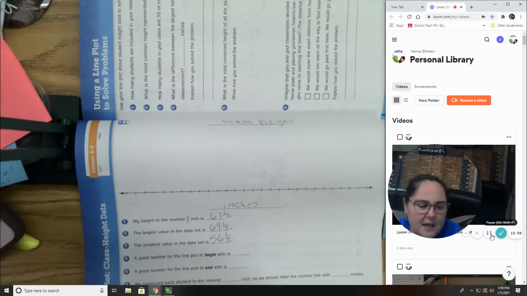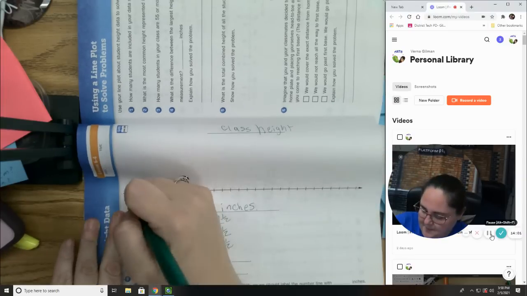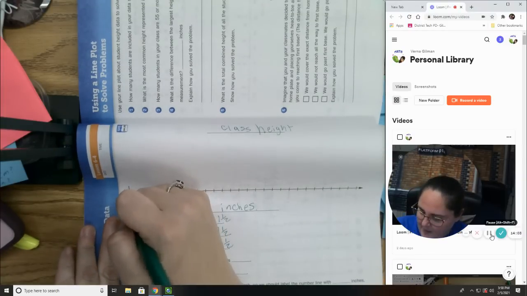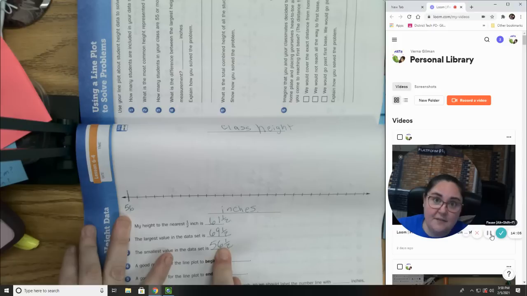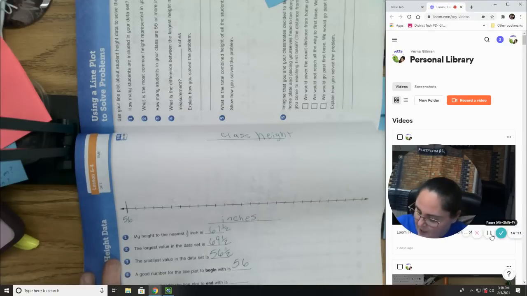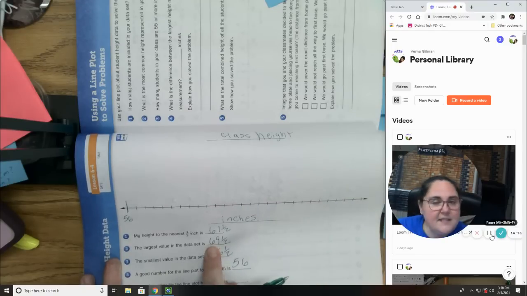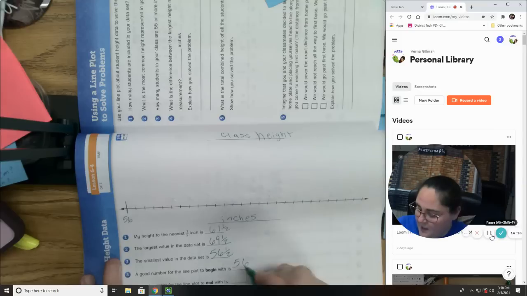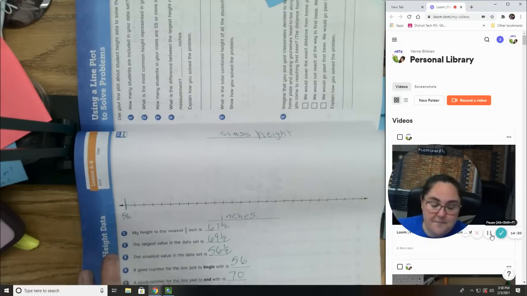All right. A good number for the line plot to begin with, maybe we go 56, because my lowest is 56.5. And that's where I would start. A good number for my line plot to end with, 69.5. Maybe we make it go all the way to 70, at least.